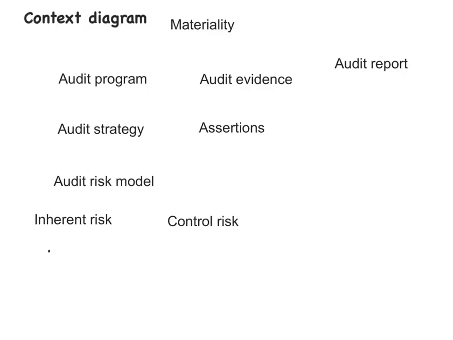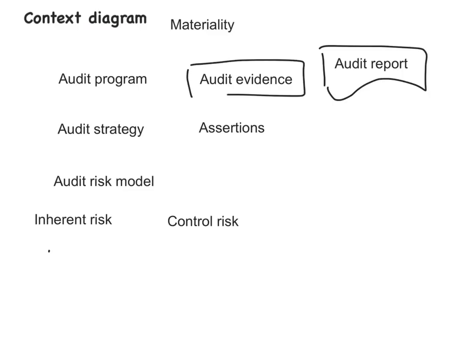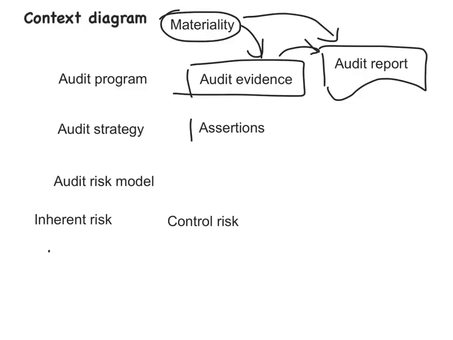The output is our audit report. I need to collect audit evidence to go into that report. Materiality affects what items I think I'm going to adjust. I collect my evidence based on my assertions, so my 5 and 4 assertions.